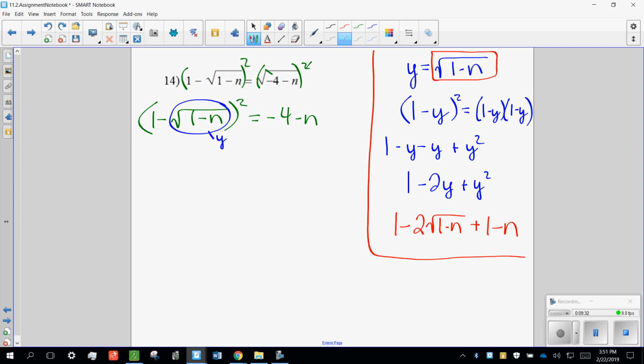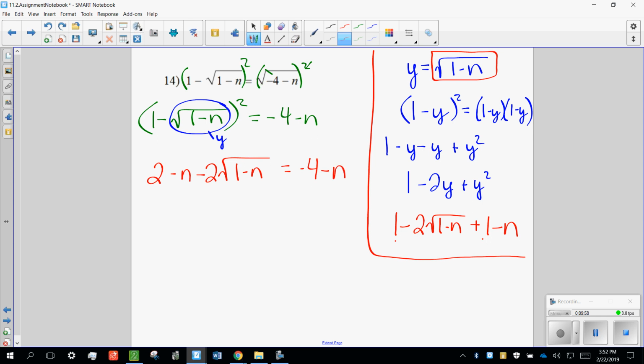I don't know if it makes things easier, but perhaps easier to understand, easier to see when you're multiplying those things out, instead of having this big square root everywhere. So we've got 2, because 1 plus 1 is 2, minus n minus 2 times the square root of 1 minus n is equal to negative 4 minus n.